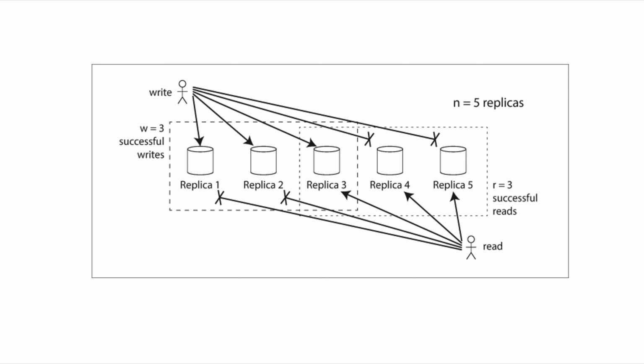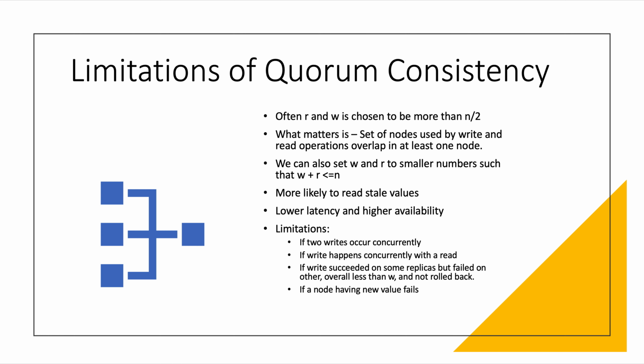The write is being written to replicas 1, 2 and 3, whereas the read is being done from replicas 3, 4 and 5. Here n equals 5, W equals 3 and R equals 3. In this case, replica 3 is the common node which will at least return the updated value. So let's move to the limitations of quorum consistency.